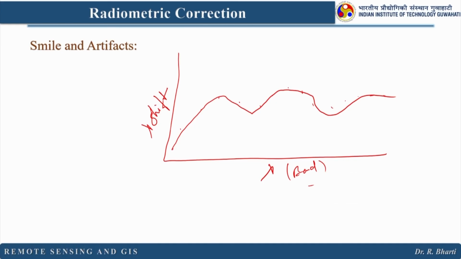So if there is a change in some particular band, let us say this is the maximum in this particular case, and this is 20 nanometer, this is 10 nanometer, this is maybe 2, and this will be 0, right.